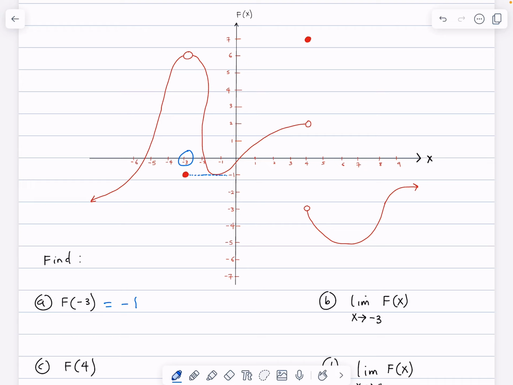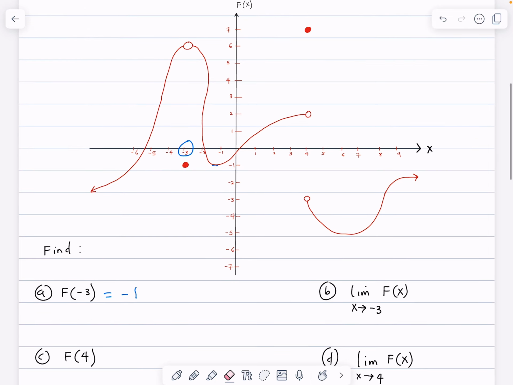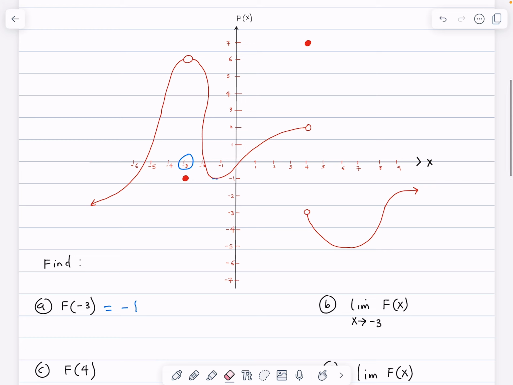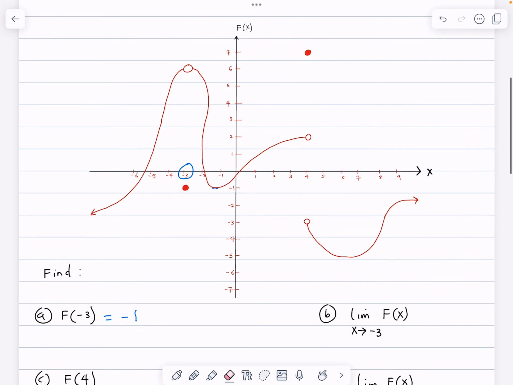Okay. So now let's do B. B says the limit of f of x as x approaches 3. So how can you find this limit from the graph? The way you find the limit using the graph is you look as x approaches 3 from the left and also from the right.